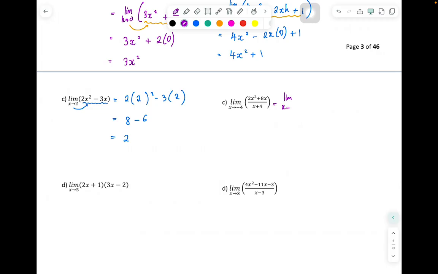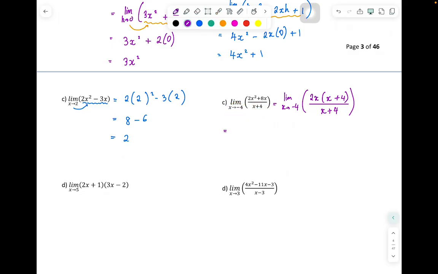In this example here, we do need to factorize first. If you do substitute in x equals -4 immediately, you will see that the denominator equals 0, and by default that would become undefined.